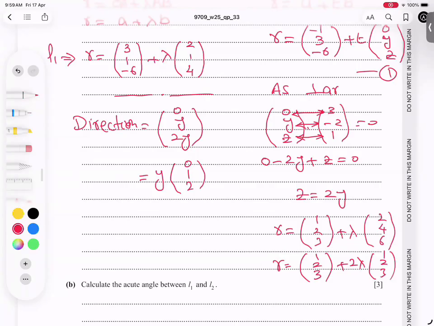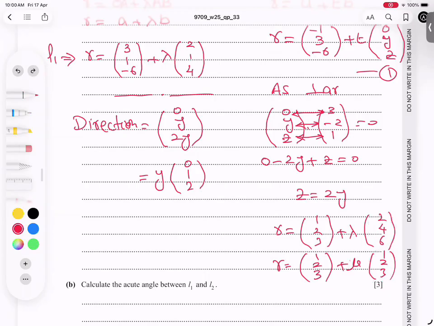And this 2 lambda, we can give a new coefficient name, and we can call it mu. So you see, (2, 4, 6) and (1, 2, 3) make no difference. They are the same. It means in directions, we have to take the simplest form. So (2, 4, 6) is not the simplest form, and this is the simplest form.